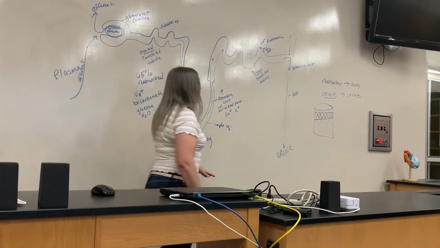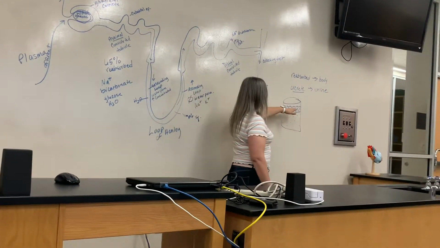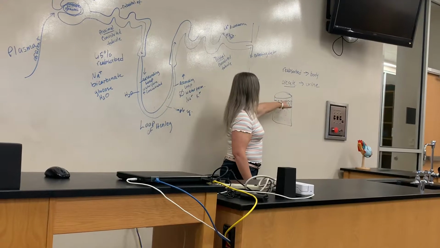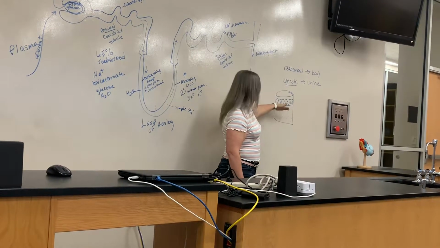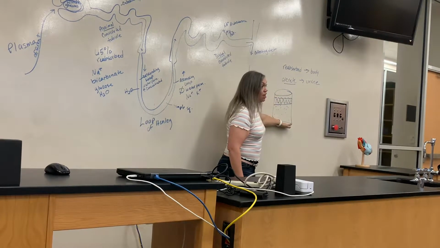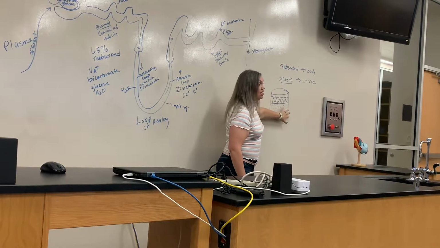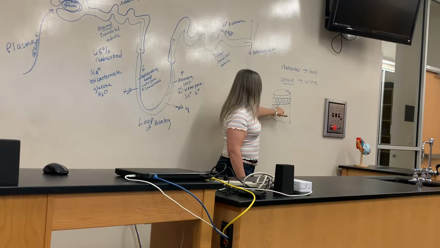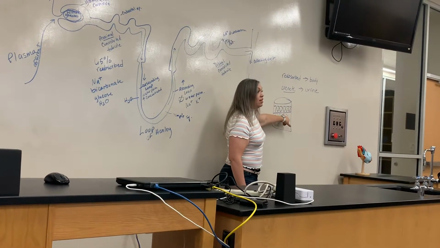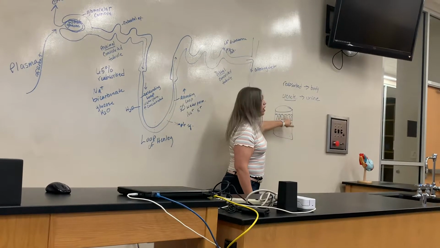When we start out with our filtrate, let's imagine that we have a cup of filtrate, and this is how much we have in this line up here. Well, now we're going to take out this much water. So now we have this much filtrate, but it still has all the stuff in it. It's got sodium, potassium, a bunch of stuff in it. So right here, it's considered more concentrated because we took water out.